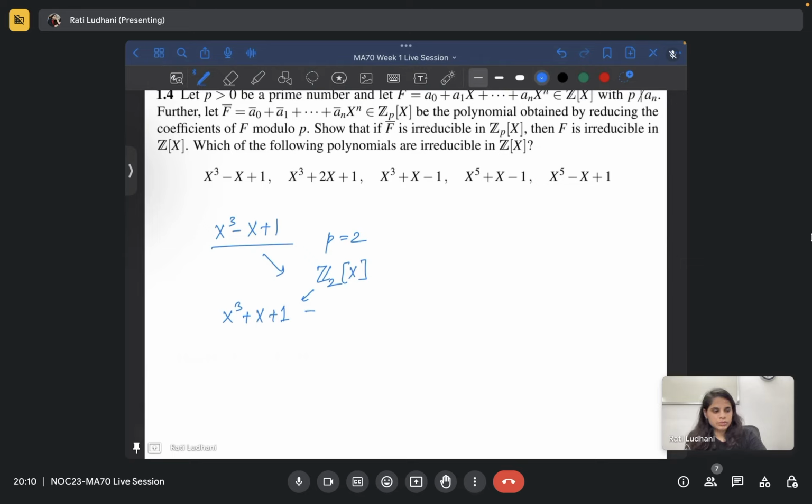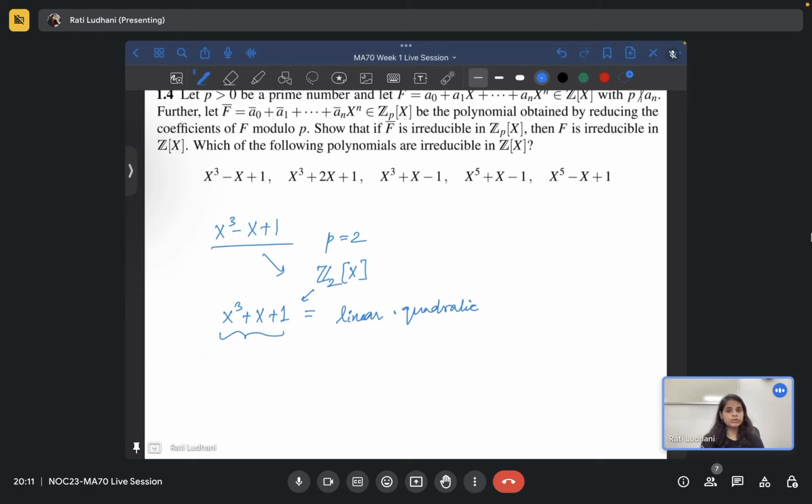Exactly. So this is a cubic polynomial. If it has to factor, what possibility can you have? This is degree 3, so it has to be linear times quadratic.